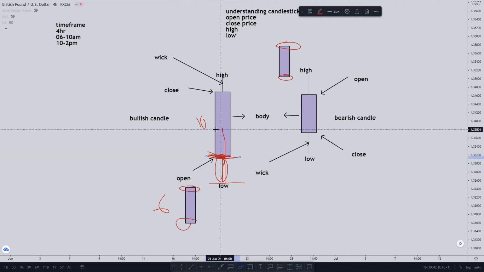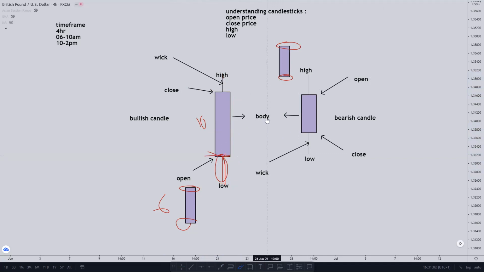If 2 p.m. were to come when price was here, this is where the candlestick would close. But now price pushed up here, and by the time it's 2 p.m. price was around this area, which means price closed here.